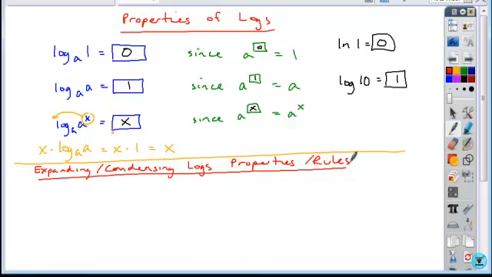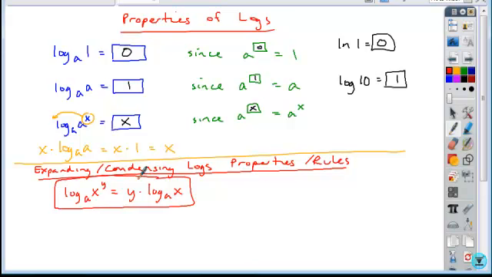The first is what we just saw right here. This applies not just when the bases of the exponent are the same, it applies anytime. If you take log base a of x to some power y, this power of y can still be moved out front. It doesn't have to only be when the base of the exponent is the same as the base of the log. And this will always be true.